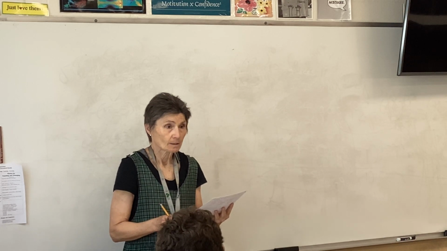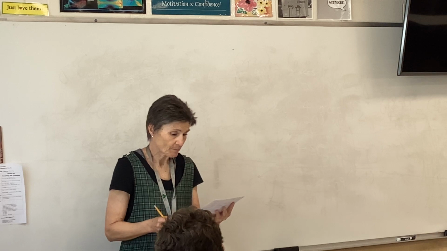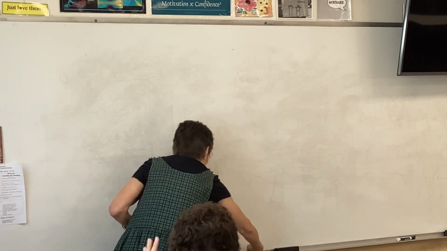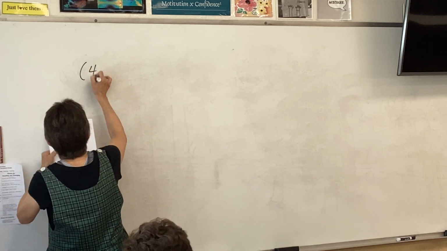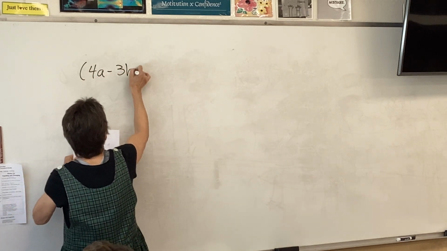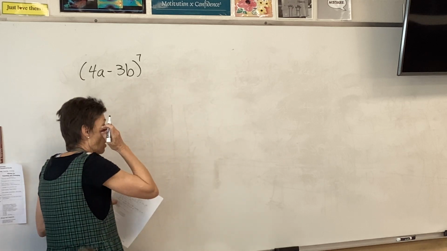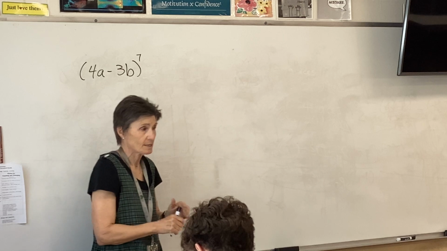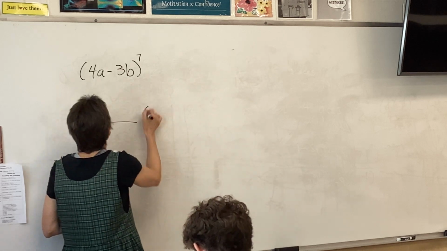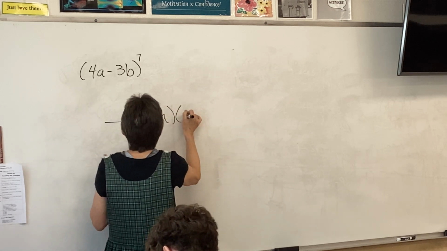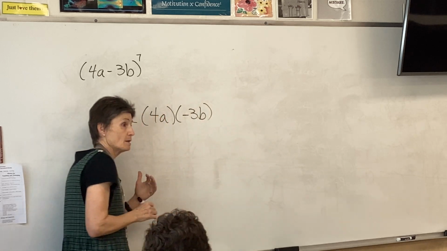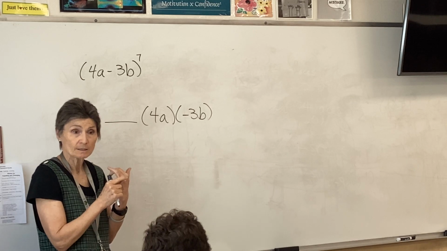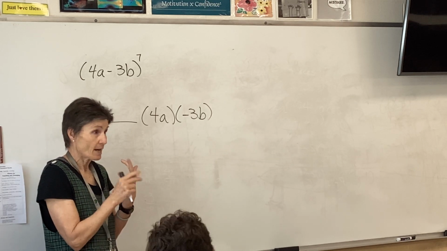Number 3. Find the 4th term of this expansion. All the terms of the expansion have 3 parts: a coefficient, and this one has a 4a and a negative 3b. So your job is to figure out the appropriate coefficient and the appropriate exponents.